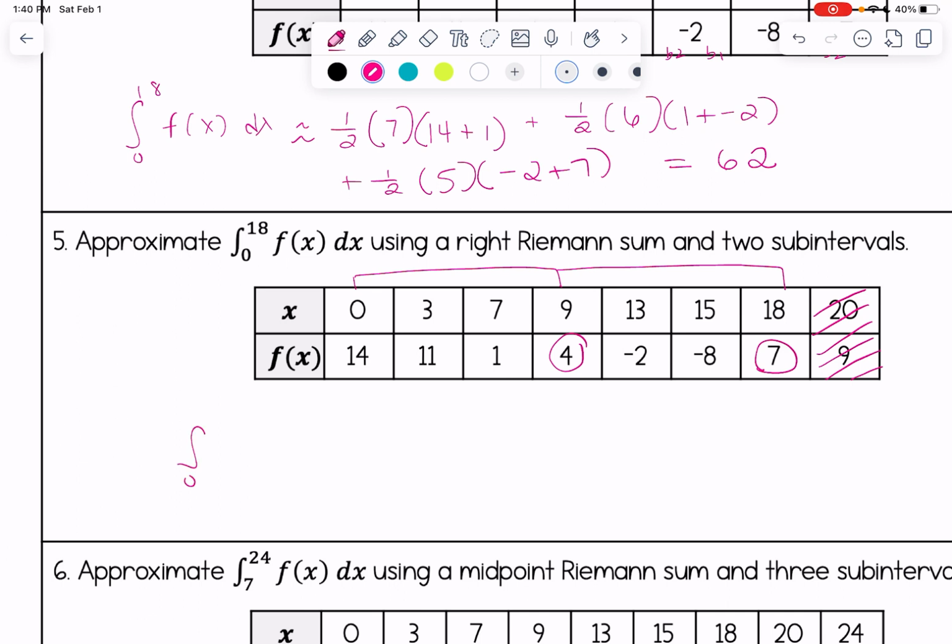So when we are approximating this definite integral, the area is going to be 9 times 4. Remember, this is our change of x, and then this is our y value. And then we add that to 9 times 7, and this should come out to be 99.